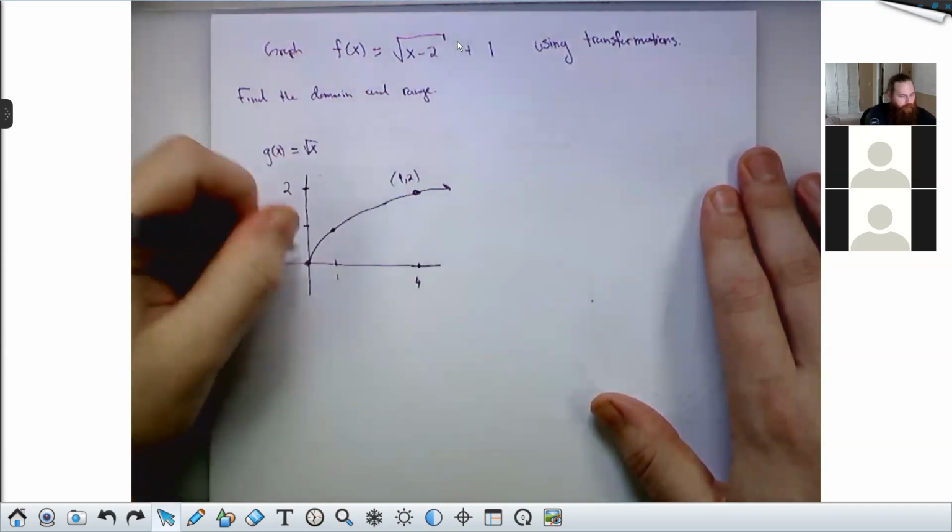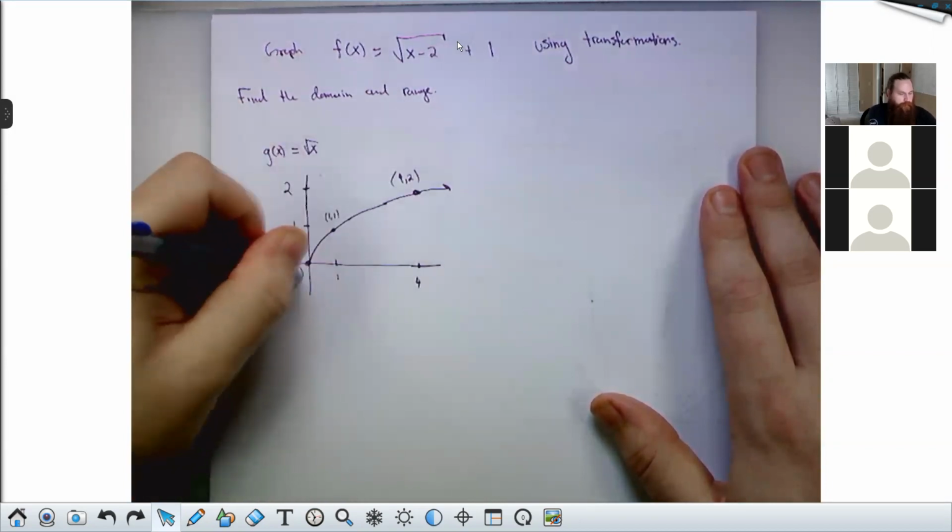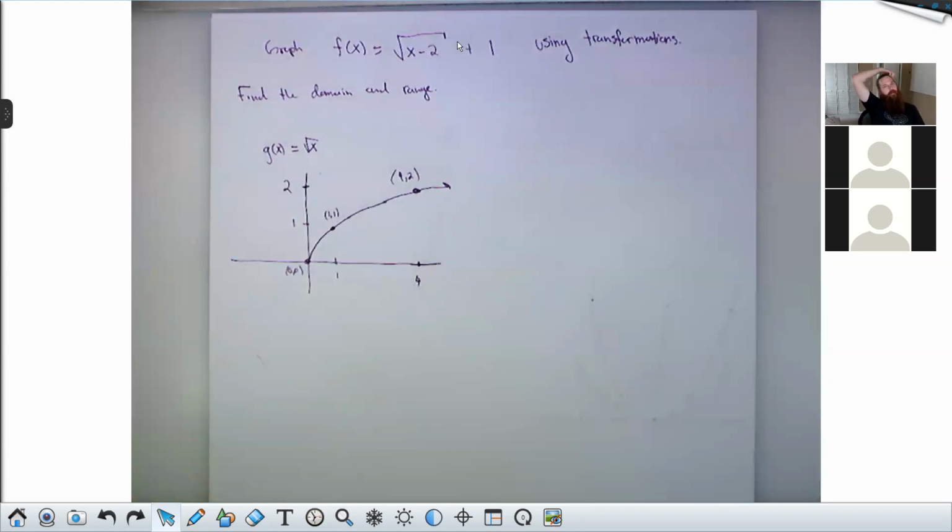You've got the point (0, 0). This is what the square root function looks like. What transformations should I apply to this graph in order to get this graph?